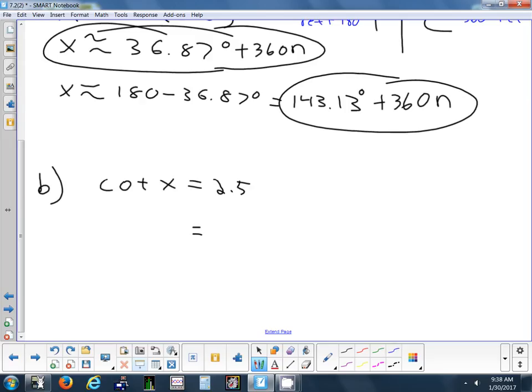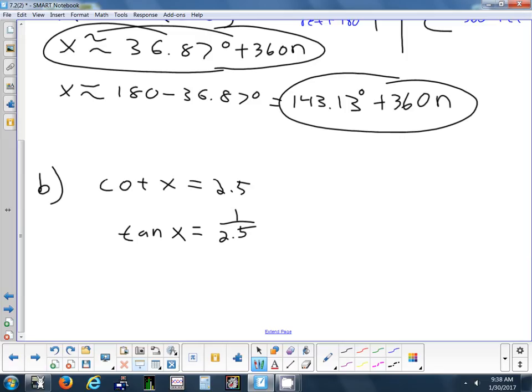But Luke said cotangent is the reciprocal of what function? And what does reciprocal mean? Flip. So if you flip what's on the left, if you take the reciprocal of cotangent, you get tangent. And now let's flip what's on the right. That's the exact same problem to solve.